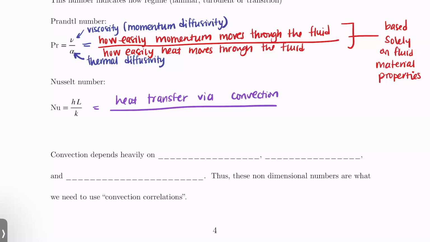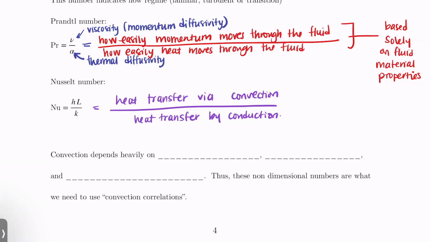Okay, so if you remember, convection is going to kind of lump together both the advection and convection that's happening in this moving fluid. K is only for conduction, so that's purely a material property.